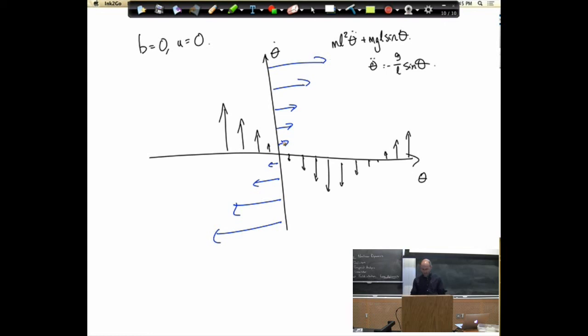Okay, and then what happens in between? Over here, I get something that's got some of this and some of this. So I get a vector that's going down like this. Over here I get something like that. I get a combination of these things over here.